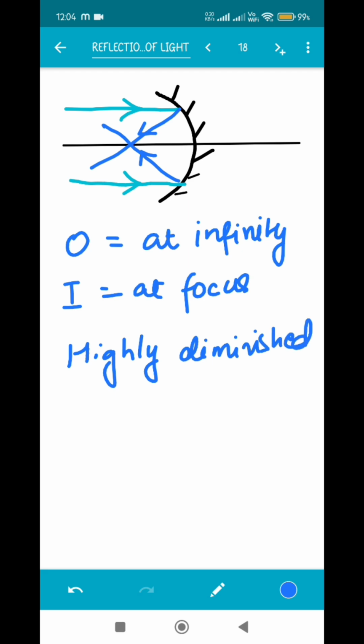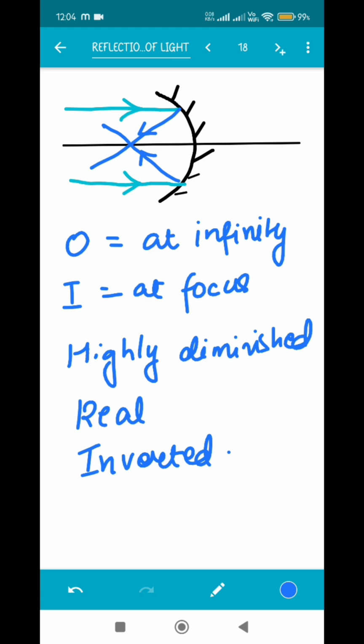Highly diminished. Since it is a concave mirror, it will be virtual. That means it will be inverted. And since it is virtual, it will also be, I'm very sorry for the folly. It will be real because it is a concave mirror, and since it is real, it will be inverted. Okay, I guess you understood.